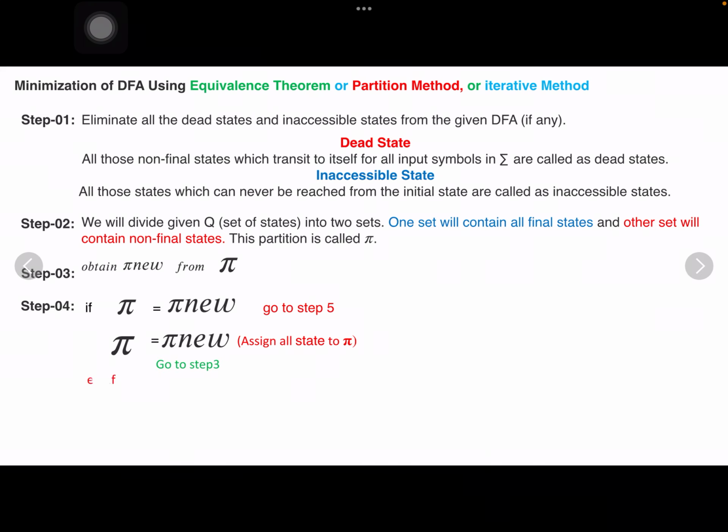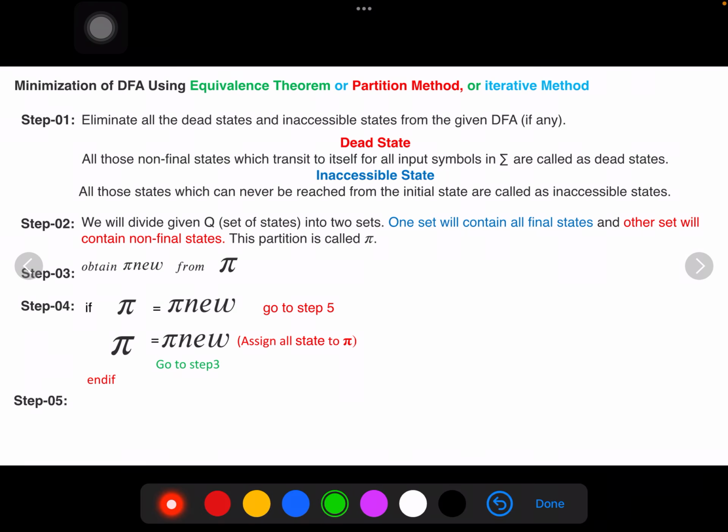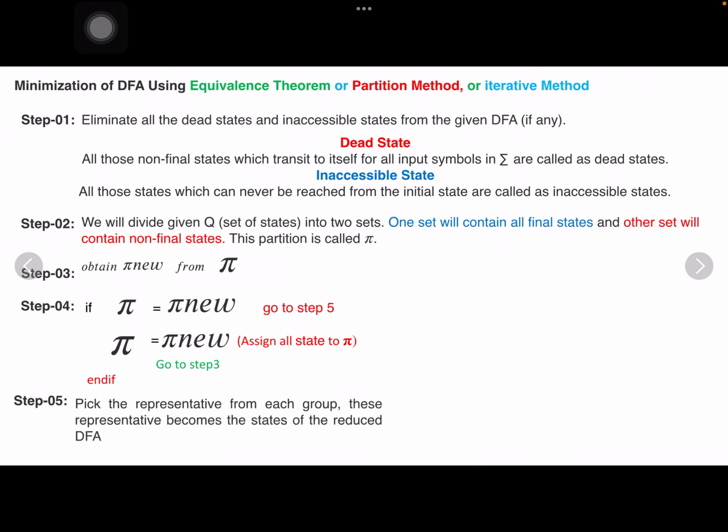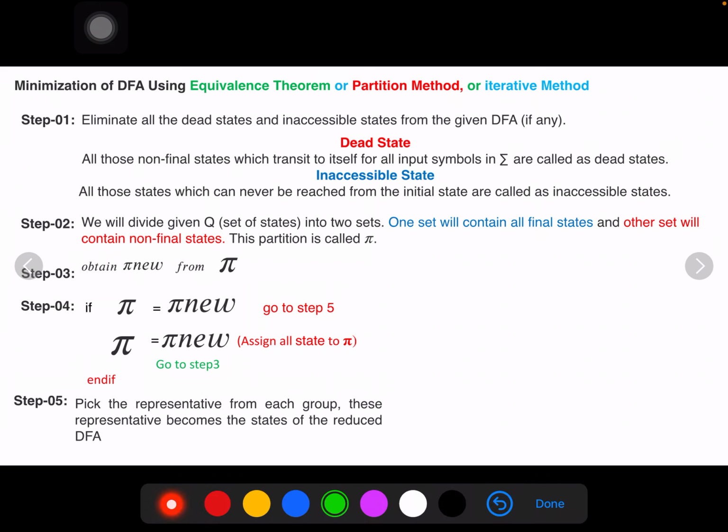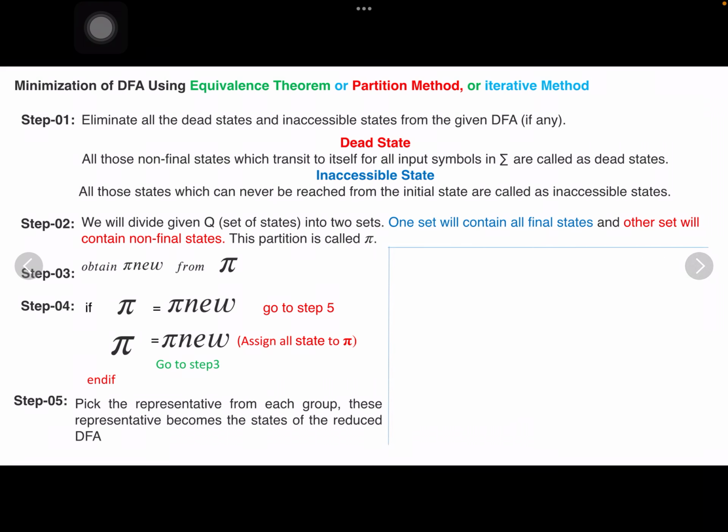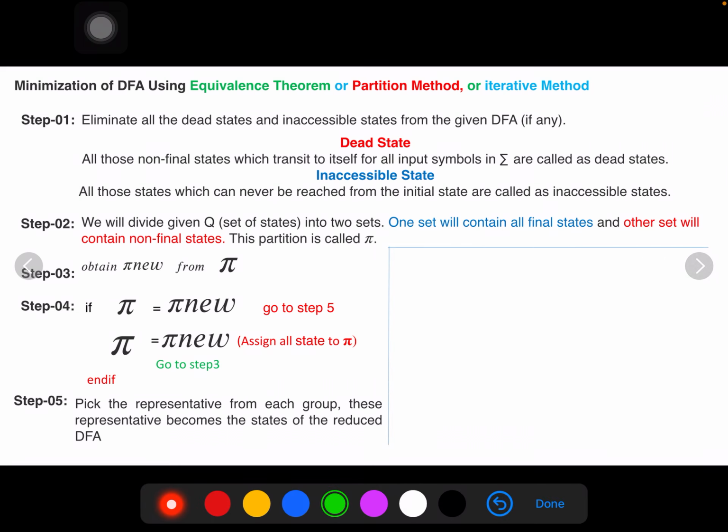Then at the end, go to step 5: pick a representative from each group. This representative becomes a state of the reduced DFA. So these are the major steps we have to follow to minimize a DFA using the equivalence theorem.